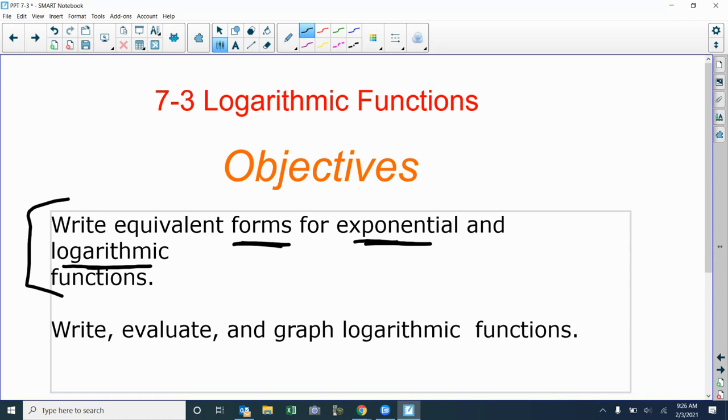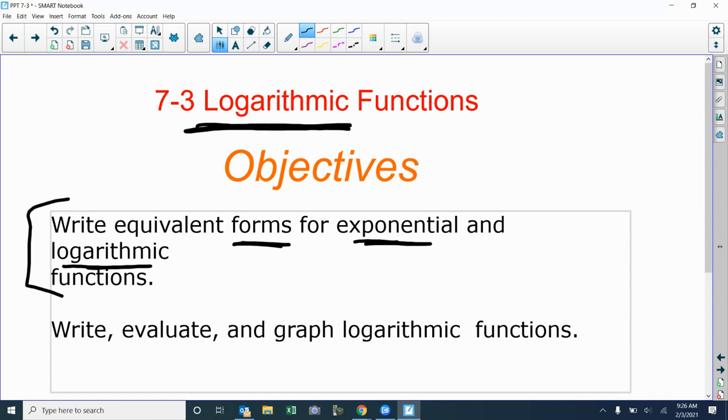We're just going to be going back and forth between these forms. Nothing real earth-shattering here till we get into the next section. But if you jot one thing down: logs help us solve for unknown exponents.